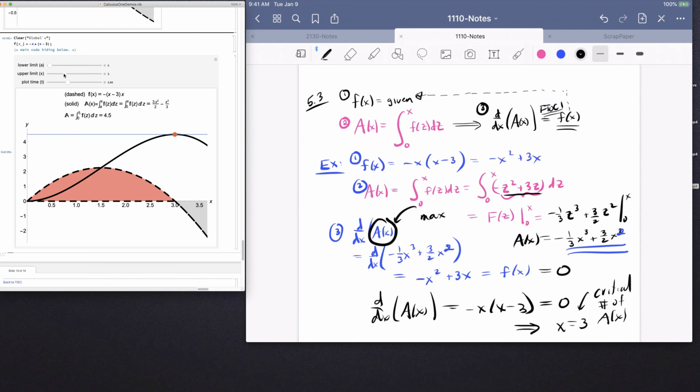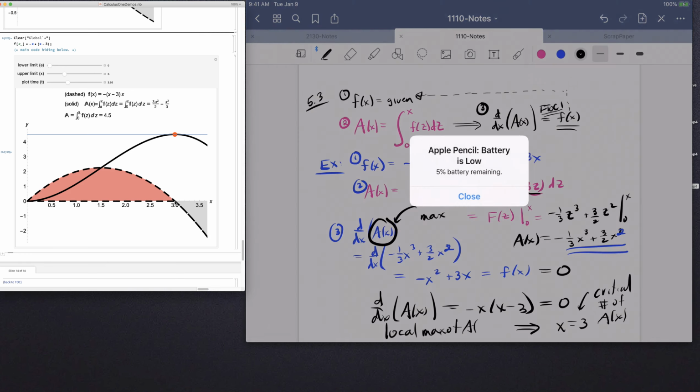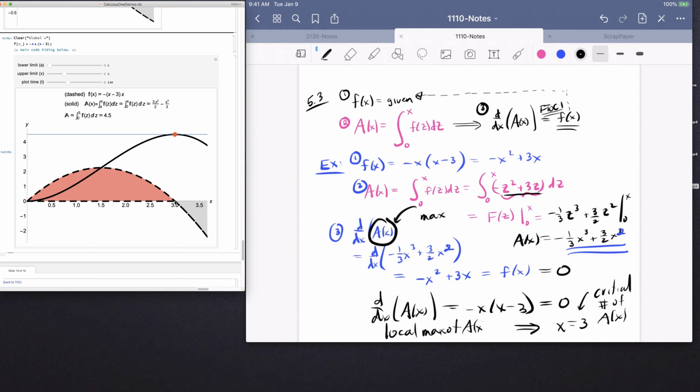That means x equals 3 is a location where you have a chance to have a local maximum or minimum of the area function. And we can see from this graph that at x equal to 3 we have a local maximum of the area.